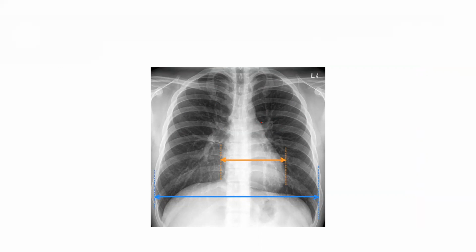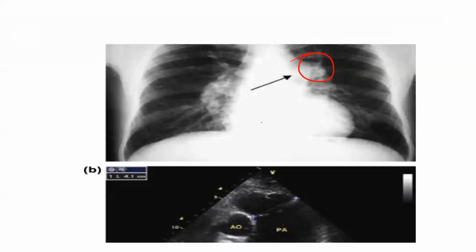But here is your pulmonary artery. Can you see there is an enlarged main pulmonary artery and the hilar pulmonary arteries? So there are enlarged main and hilar pulmonary arterial shadows. This is one of the things you can see in the chest radiography.